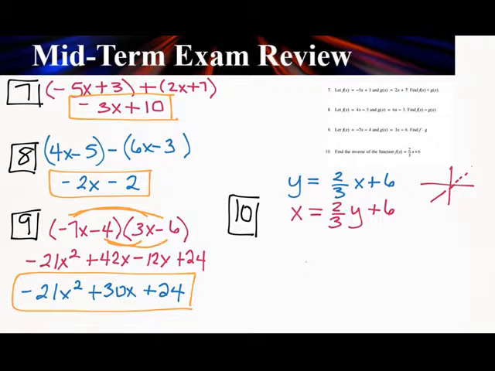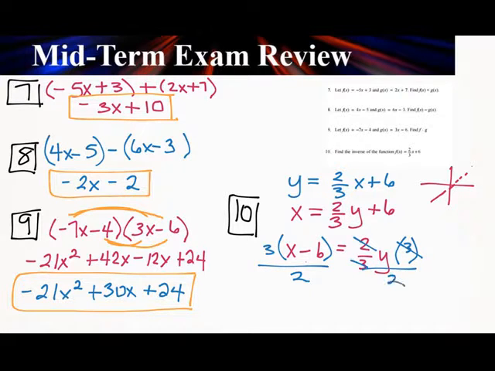Okay, so I'm going to take 6 and I'm going to subtract it over. And I have the 2/3 y waiting. I'm going to multiply by 3 on the other side. That'll get rid of that 3, right? And then I'm going to divide by 2, and then that'll get rid of the 2 if I do that like that. Okay? So I know that it's reciprocal.